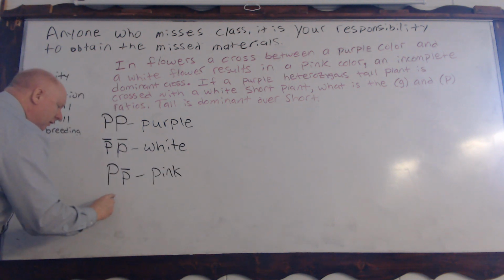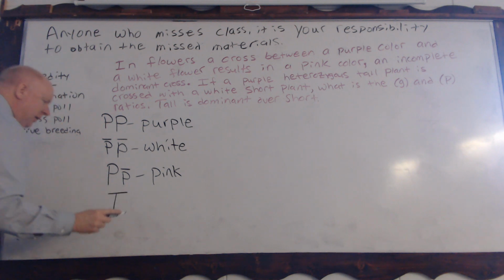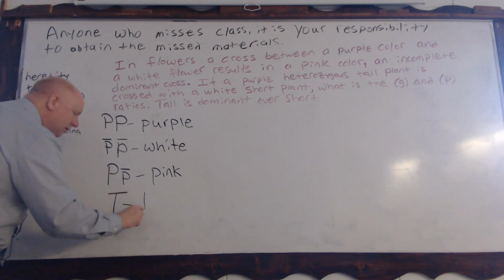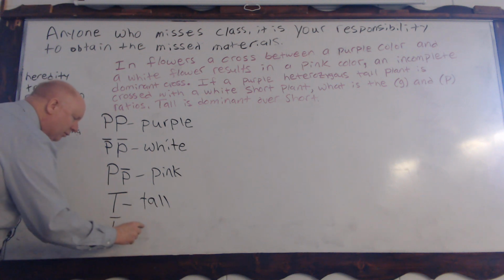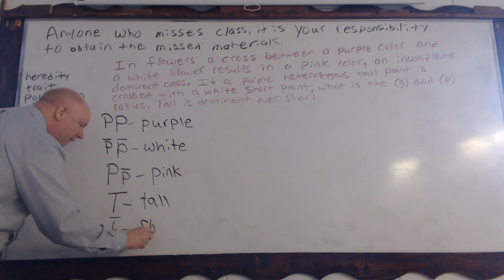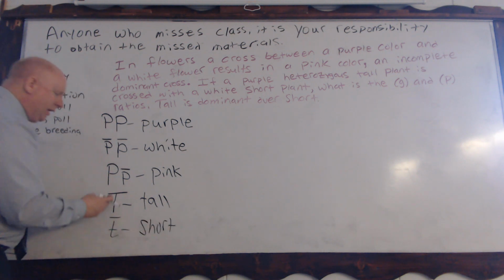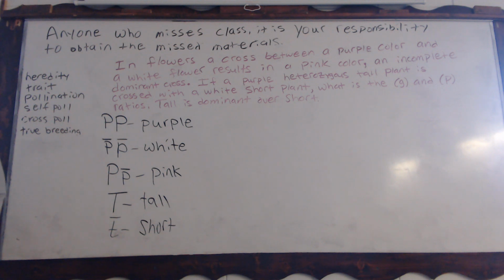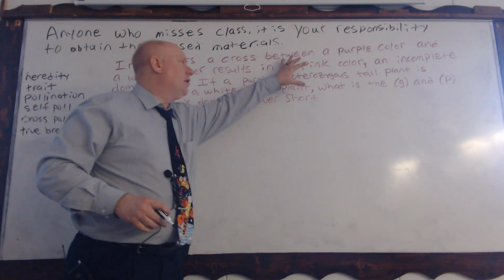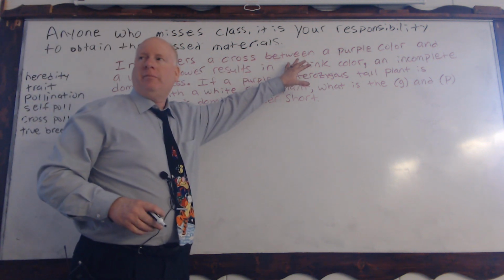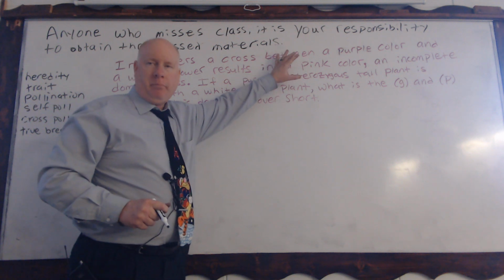So, from prior knowledge, anytime a capital T is present, it's tall. If there are two lowercase t's, then what do we get? Short. Then, if there's one of each, it's going to be tall, because tall is dominant over short. It doesn't say that here with this petal color.